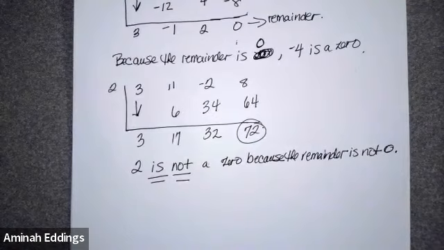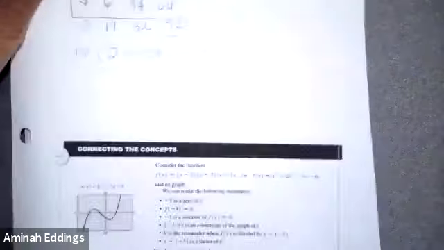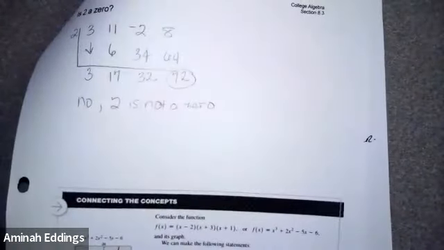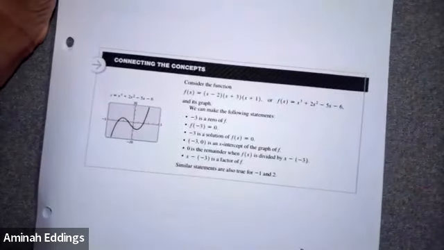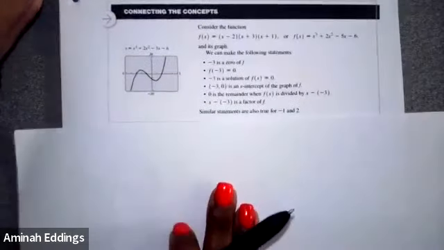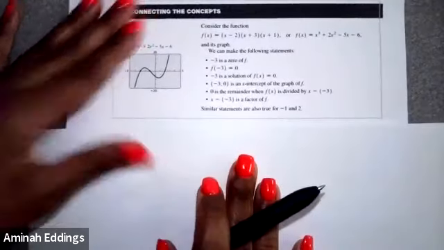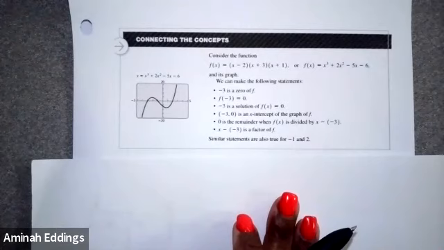All right, so let's connect all of this together. This is where it should all make sense. If you remember, the first thing we did with this unit on polynomial functions, we talked about what the graph would look like.